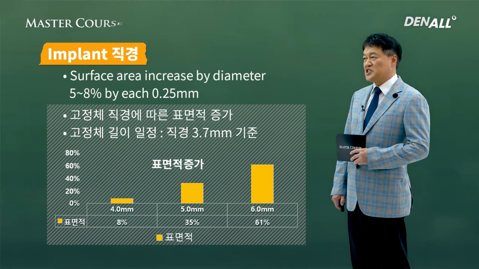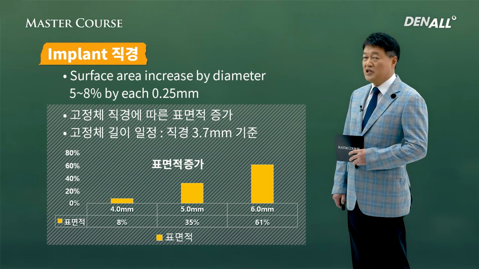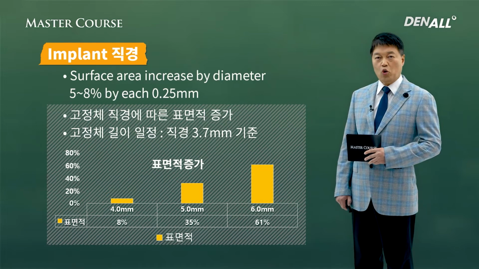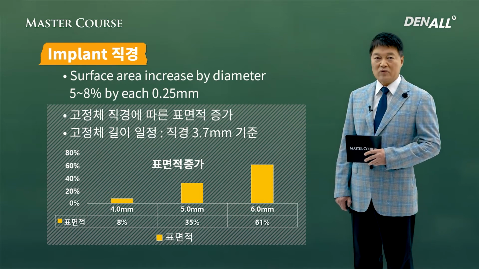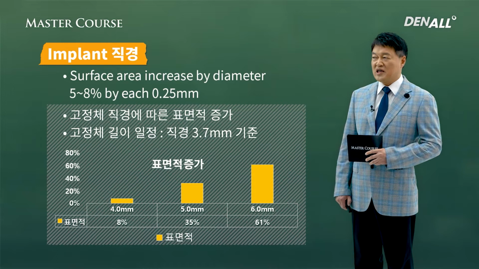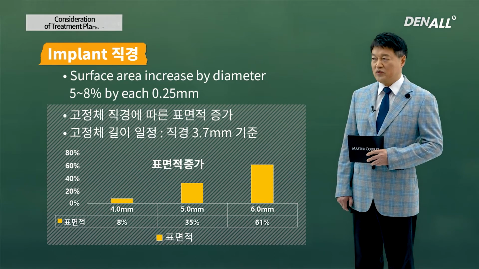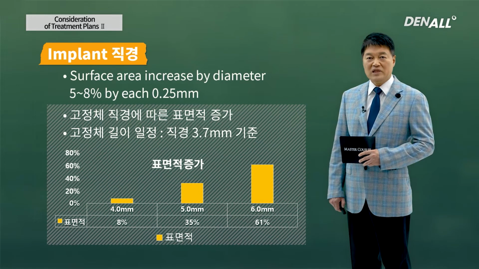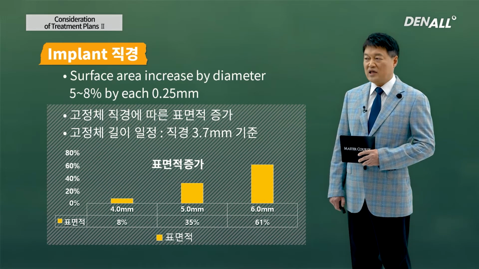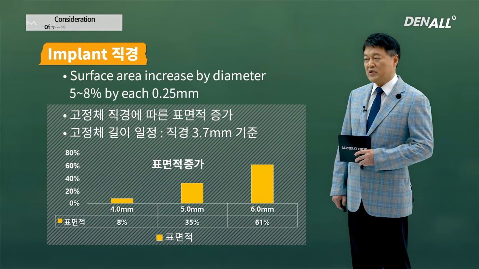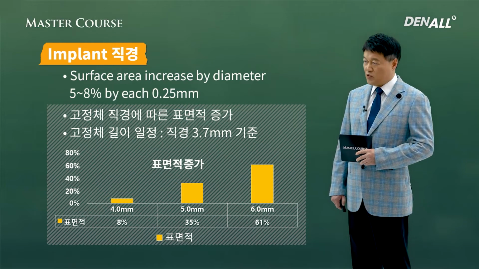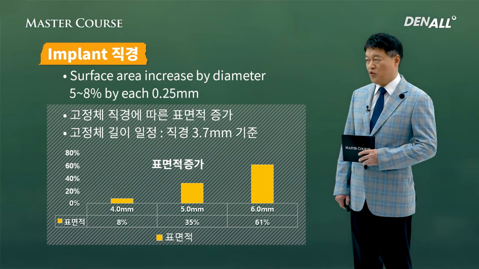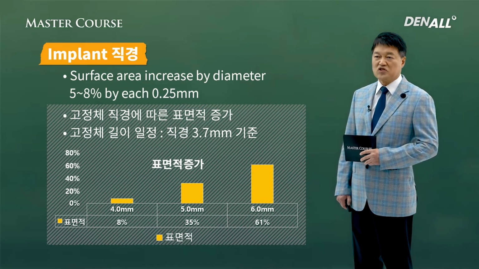Next is implant diameter. If you increase implant diameter by 0.25, surface area increases by 5 to 8%. If you look at the surface area increase by diameter, if the length of fixture is consistent, say diameter 3.7, if it is 4 millimeter, there's 8% increase, 5 millimeter, 35% increase, and 6 millimeter, 61% increase.